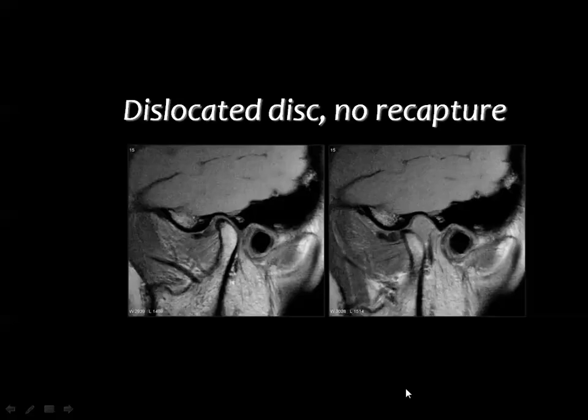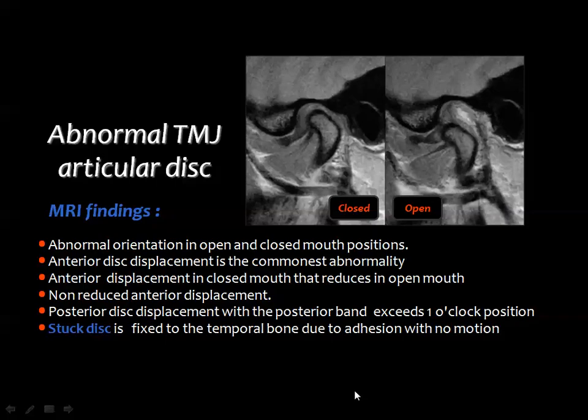And this is also another example. The articular disc is located anteriorly below the articular eminence, and after opening the mouth, you see that the articular disc is maintaining its abnormal anterior position. And see here, this is an MRI in the closed and open mouth views.